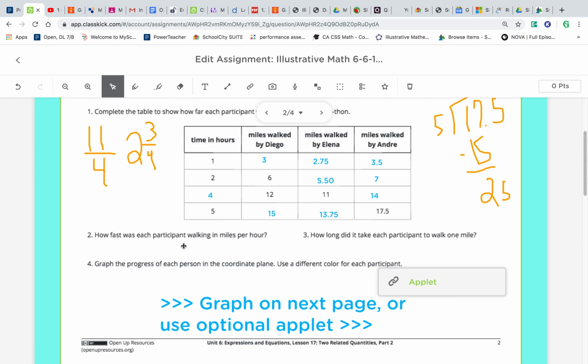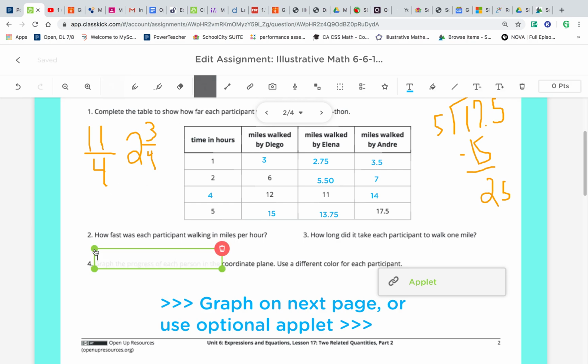So let's look at number 2. How fast was each participant walking in miles per hour? So miles per hour means you're going to say the miles in 1 hour. So for Diego, he was going 3 miles per hour.